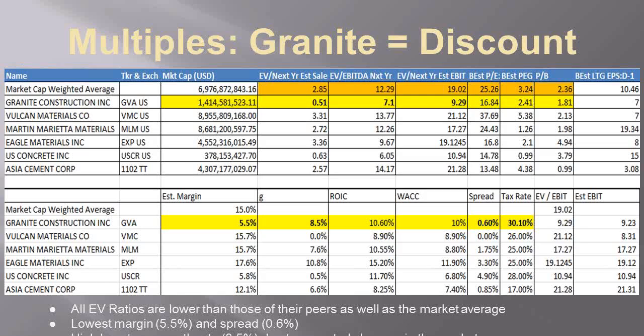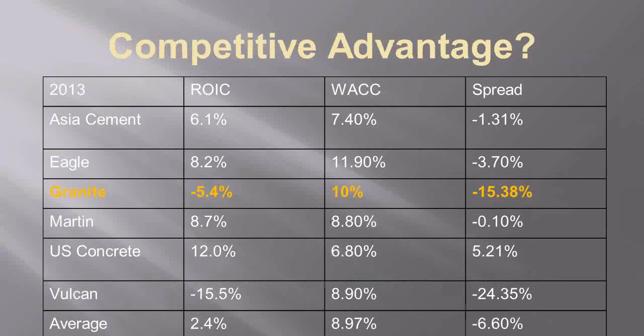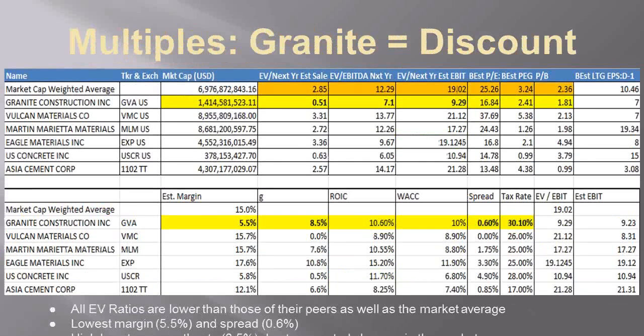As Chan mentioned before, the ROIC for our multiple analysis is based on the 2017 and 2018 ROIC data. The reason is that in the previous slide, you can see that Granite currently has a spread of negative 15.38%. With that percentage, we got a ridiculous growth ratio, and with this new 2017-2018 ROIC data, we were able to get a somewhat positive spread.